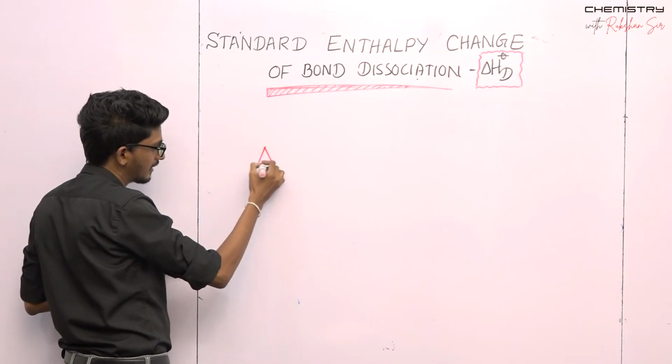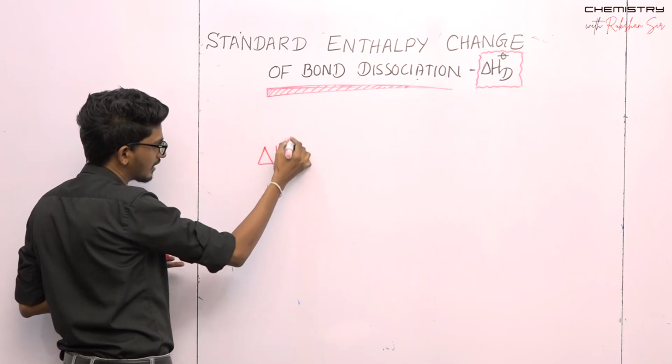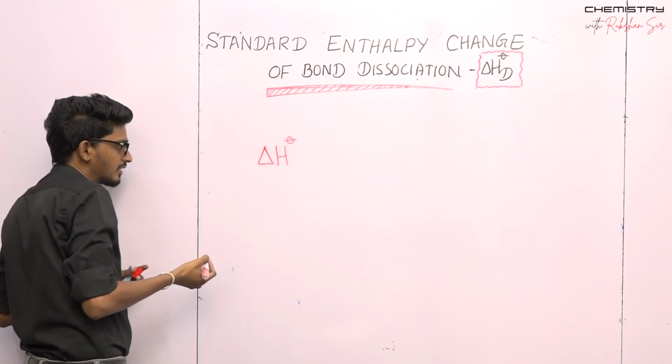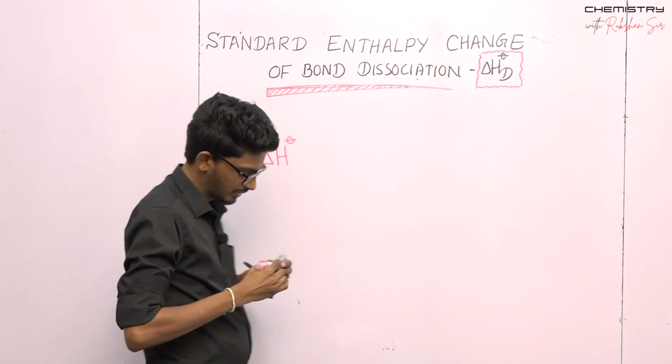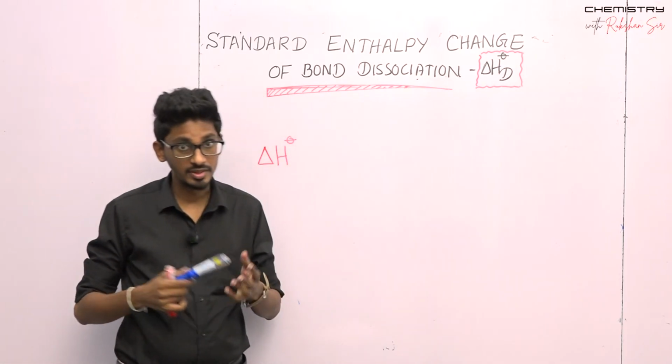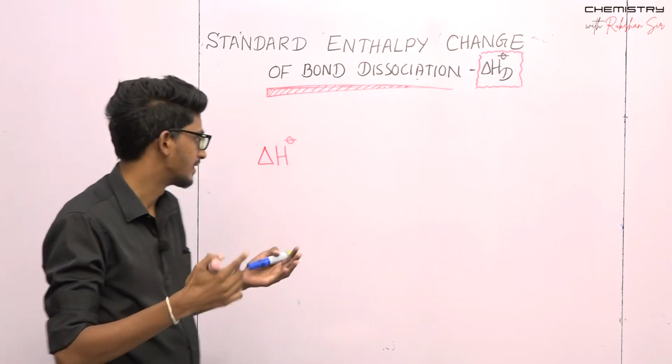This can also be derived with the use of a thermodynamic cycle, as in the earlier case, where we derived the same thing with the delta H naught F values as well.